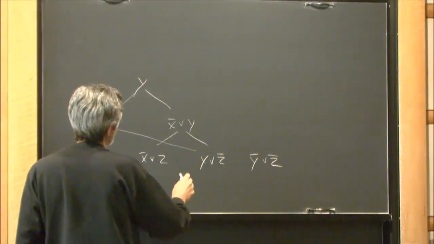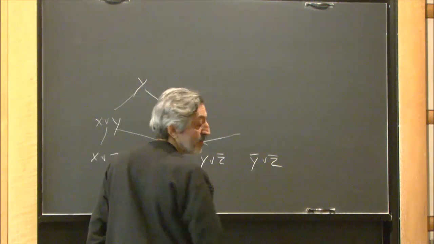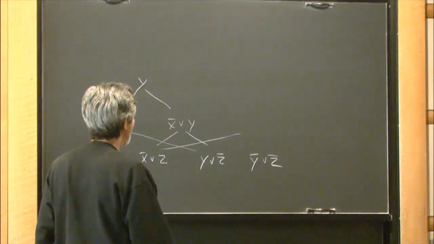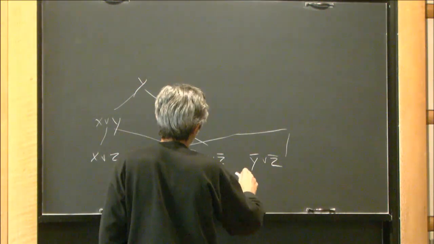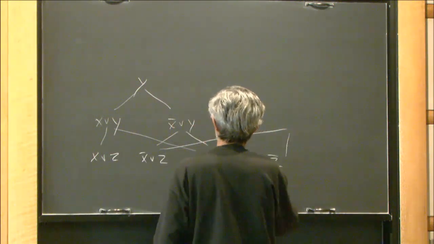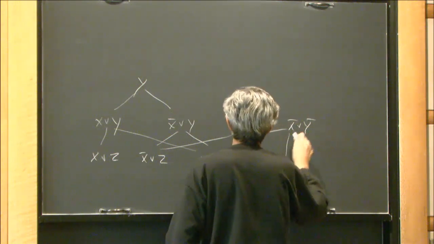And what else can you do? Of course, you can do it faster. You probably know Y bar also, so I resolve this on the Z variable, so I get X bar or Y bar.